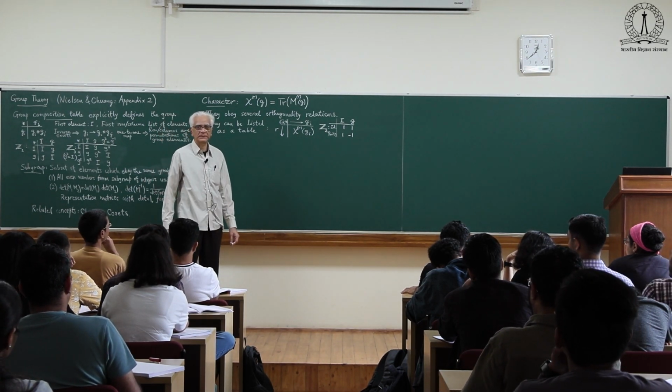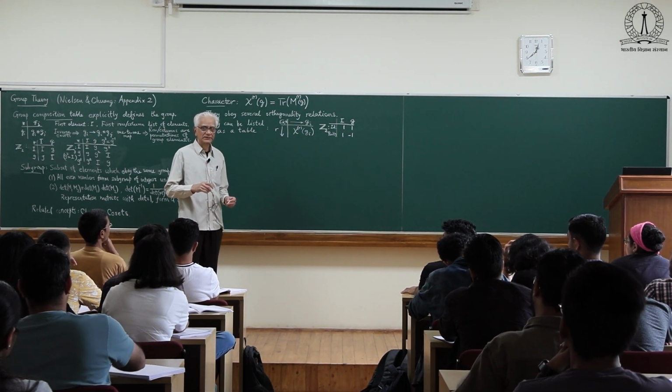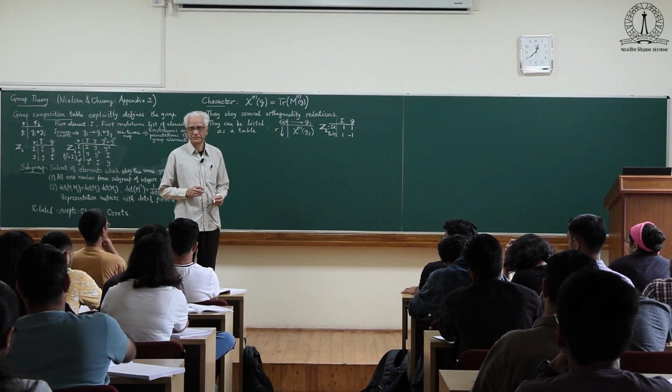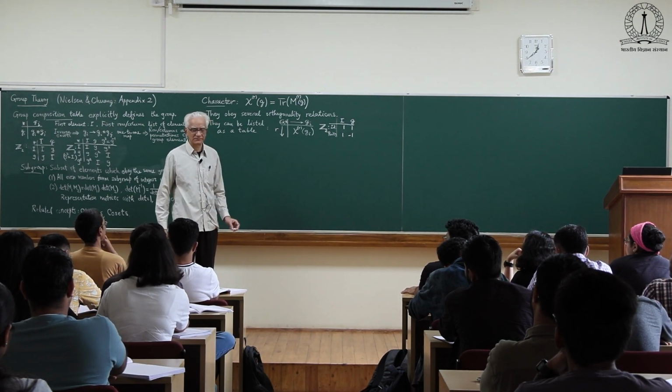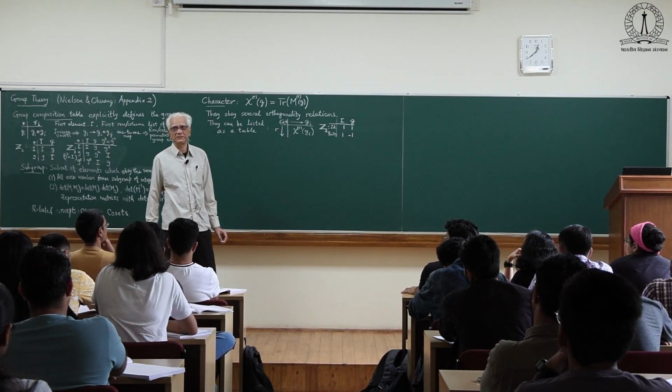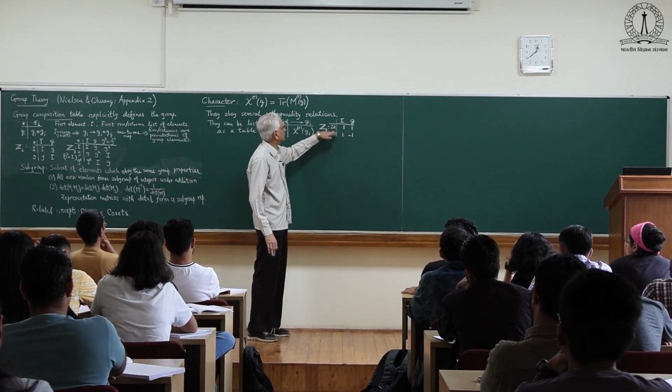Because identity representation maps all the elements to the identity matrix. And trace of identity matrix in one dimension is 1. It's a trivial representation, but that is true, and this will remain true for any group.